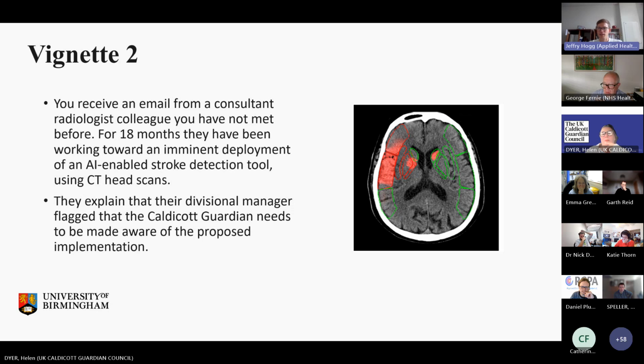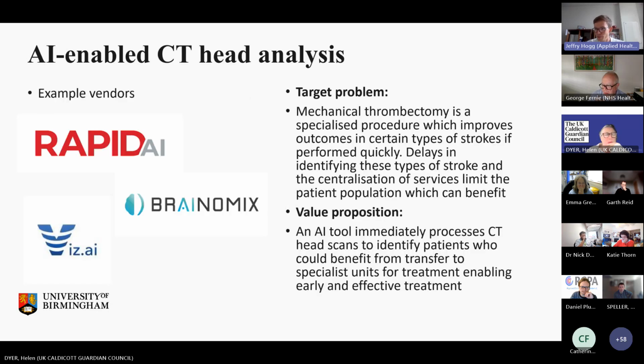And then if we go to the next slide, these products are one of the success stories of AI in the NHS, with 100% uptake of these stroke AI tools across acute stroke service providers within the NHS.